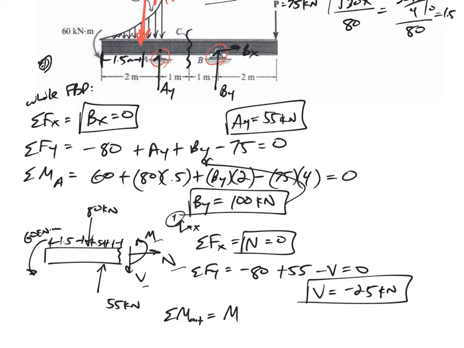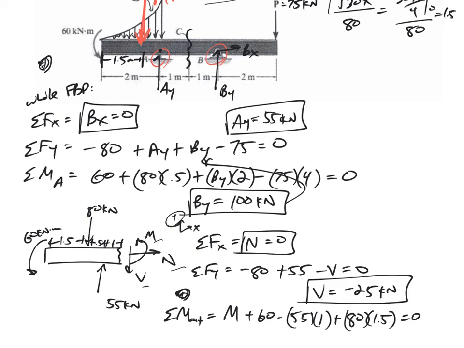Let me go ahead and do that 60. That M was counterclockwise. This is counterclockwise positive. And the 60 is also counterclockwise positive. All right, but what else creates a moment about the cut? The 55 kilonewtons is acting 1 meter away, creating a negative moment. And the 80 kilonewtons is acting 1.5 meters away, creating a positive moment.